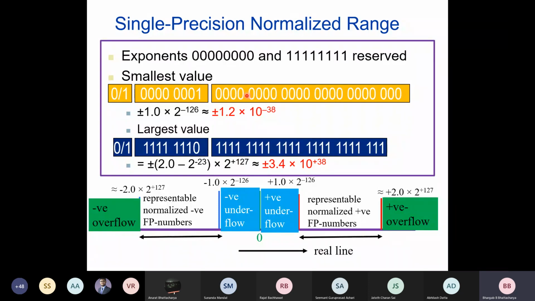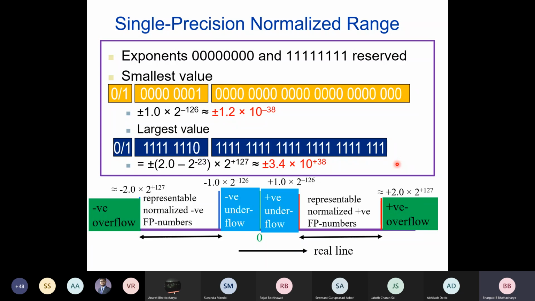So that set of numbers may represent something else. And that is what is going to be done to represent these denormal numbers. So instead of a sharp underflow, we can have a gradual underflow, by utilizing the numbers where the exponent value is all 0, but the mantissa is not all 0.